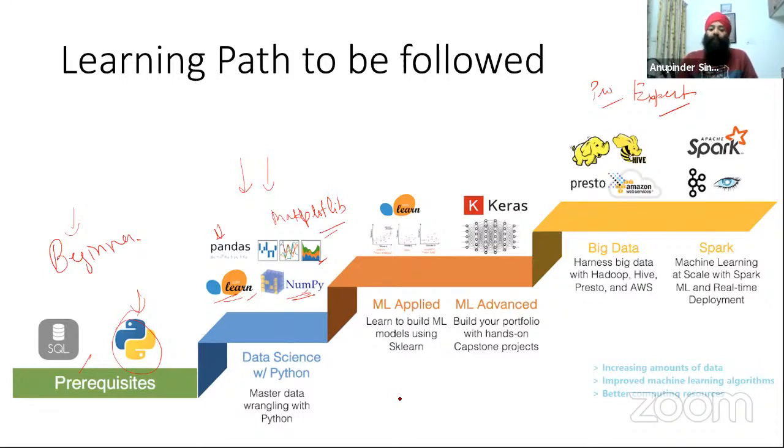And specifically if you are trying to work in data science and related stuff, you should be mastering Pandas and NumPy. These are the two libraries which are very, very important. You should learn them by heart, right?